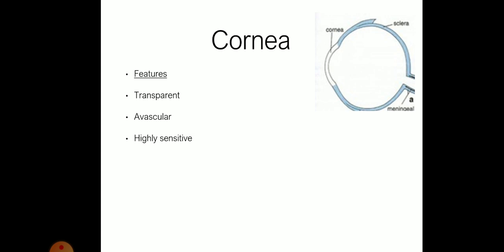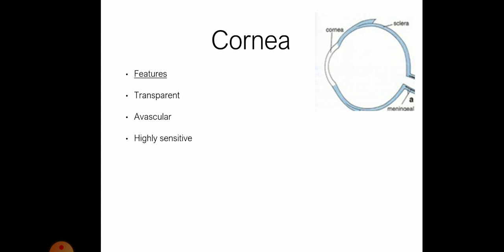Which is the nerve that supplies the cornea? Whatever the structure, if it is on the face, it should be supplied by a branch of the trigeminal nerve. Which division? It is the ophthalmic division. You can say it is the nasociliary branch of the ophthalmic division that supplies it. Even if you don't remember that, just remember it is highly sensitive.